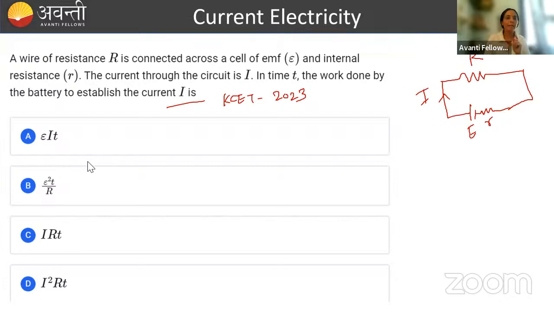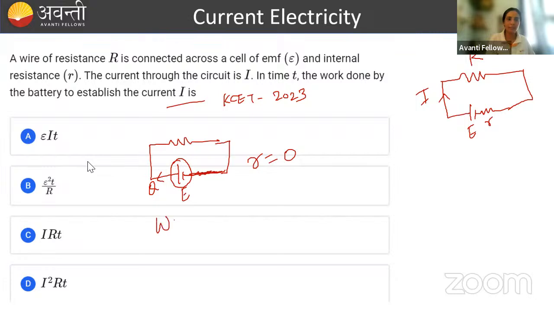Now, work done by battery, ये हमेशा याद रखना, this is a concept. If there is any circuit and a battery of EMF E, suppose मैं एक case लेती हूँ where internal resistance is 0. If the battery is releasing charge Q, then how much work will it do to push Q charge out of it?